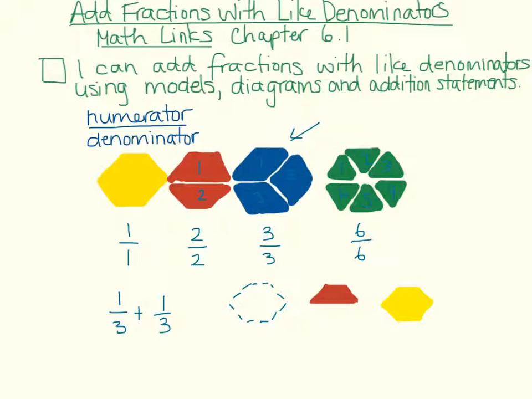If we take those two pieces and put them together like this, are they closer to nothing, to the piece that is a half, or to the piece that is a whole? When you look at it, it's closer to the piece that is a half.